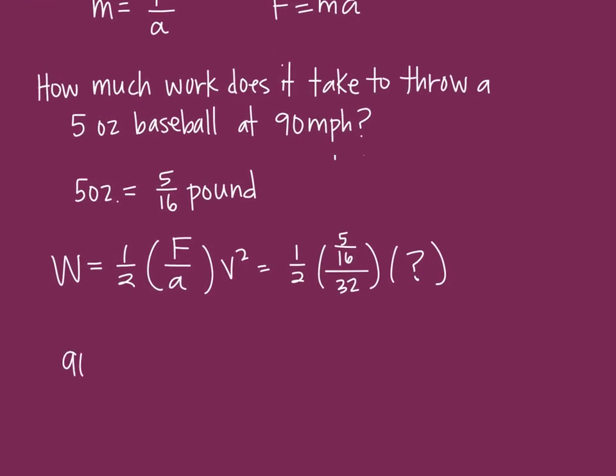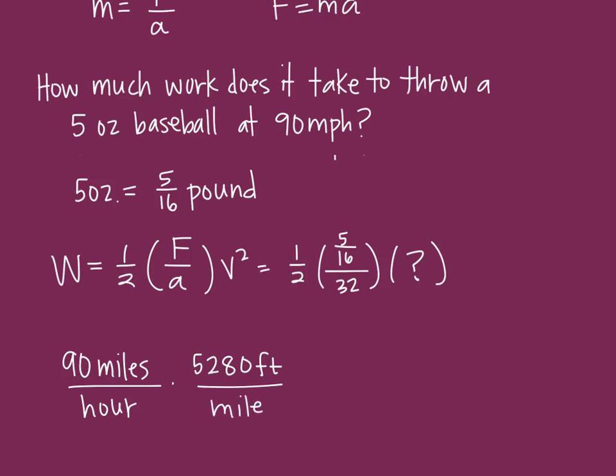So 90 miles per hour. Unit conversion: how many feet are in a mile? 5280 feet per mile. Why do I put the feet on top and the mile on the bottom? I want the word mile to reduce.